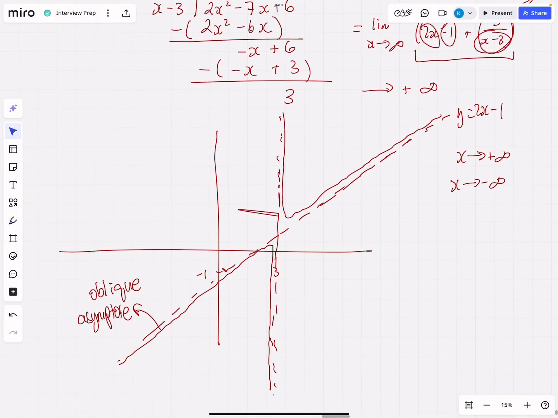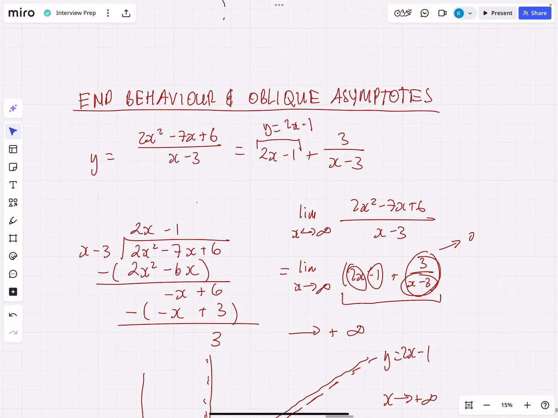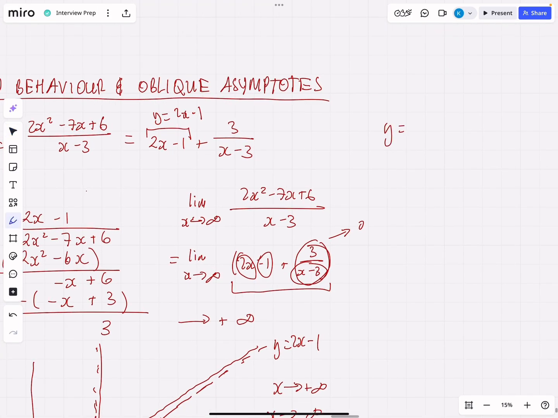Now, we only get oblique asymptotes for rational functions when the highest order of our numerator is exactly one more than the highest order of our denominator. So for example, y equals x cubed plus 2 over x squared plus 7x plus 9. This will also have an oblique asymptote because the highest order of our numerator is 3, and the highest order of our denominator is 2, and they have a difference of 1.